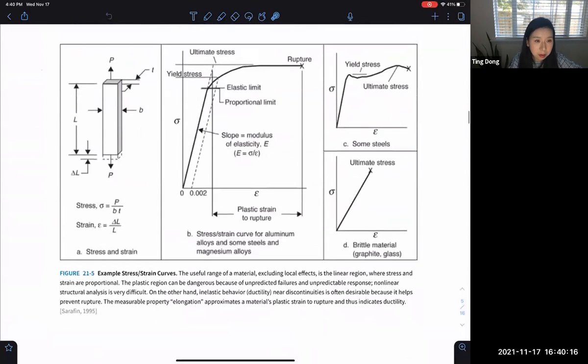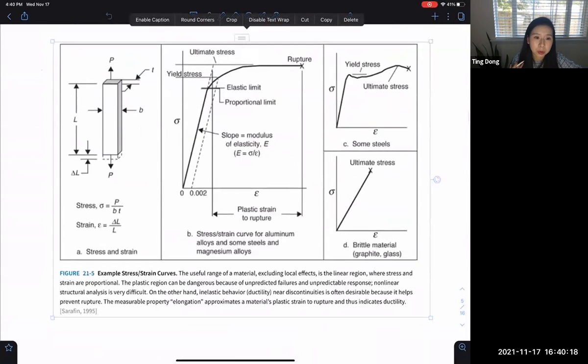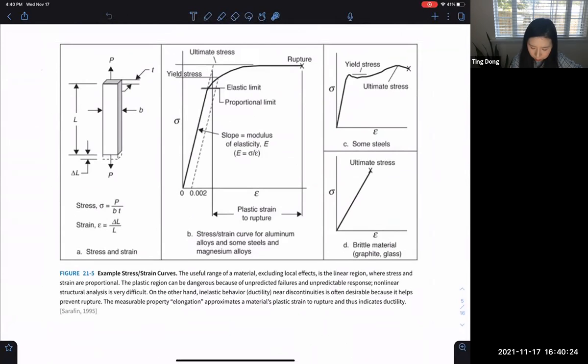And I will show you some basic information of the structure analysis here, so we can use it for the later structure analysis. Let's say we have a metallic material, this is for aluminum. It has a proportional limit. Majority of the time we want our structure to operate within the proportional limit.